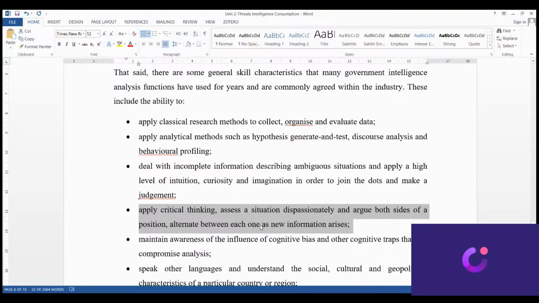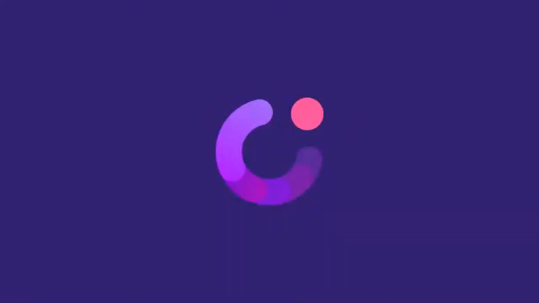So critical thinking comes in very handy because regardless of the situation, you need to apply it to avoid the influence of cognitive bias and other cognitive traps that can compromise analysis.